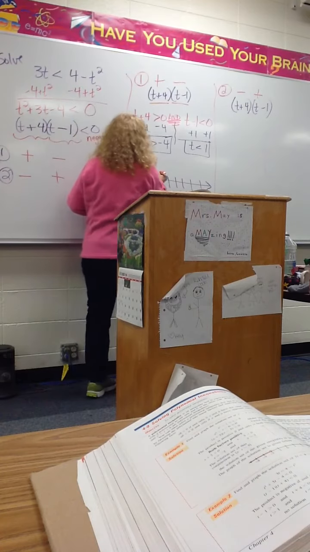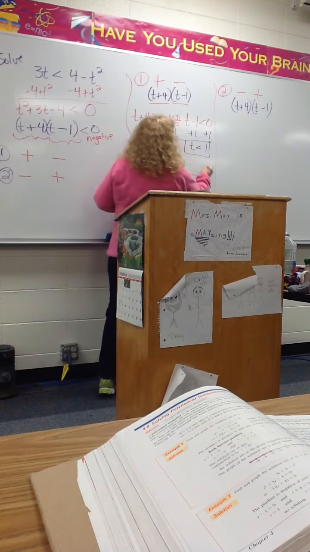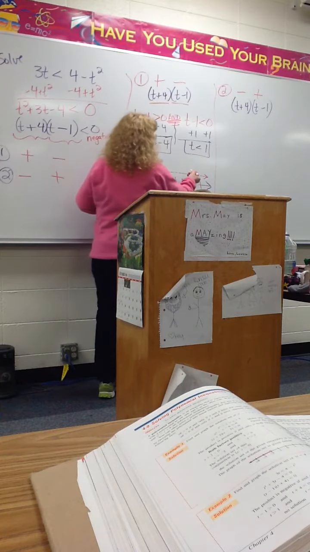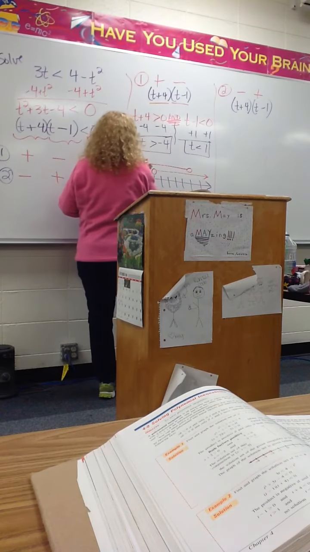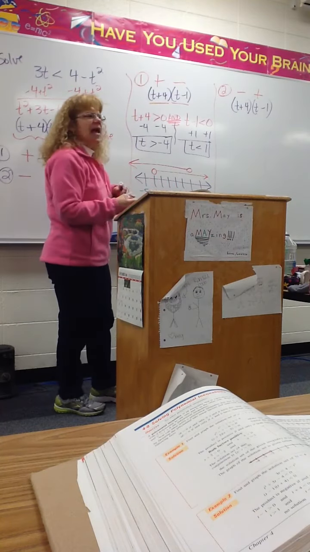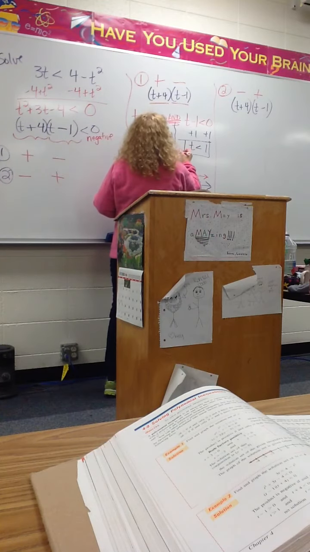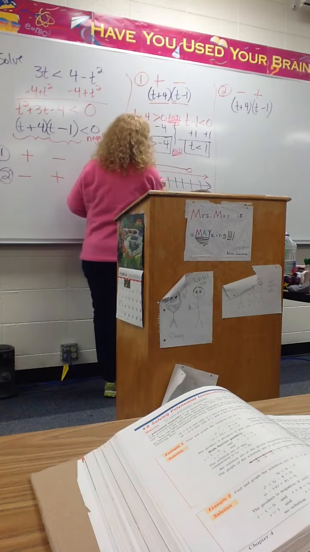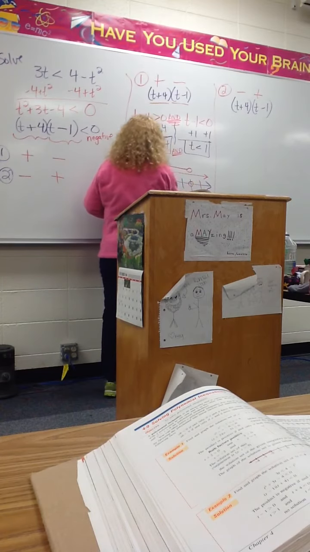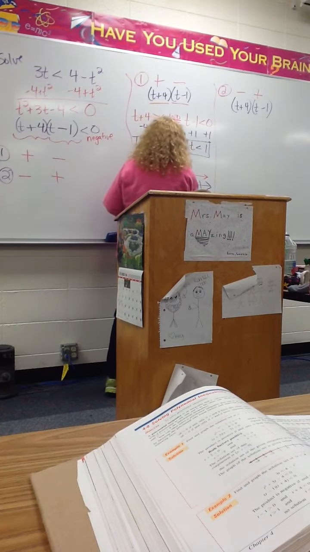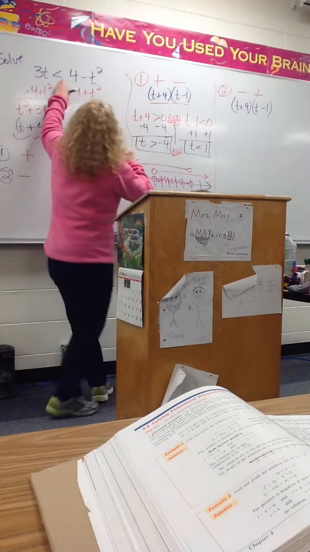Greater than negative 4 would be this way, less than 1 this way, and the solution is where they overlap. It's got to be and. Where do they overlap? Between negative 4 and 1. Right. So any value that I pick in here will work back in our original.